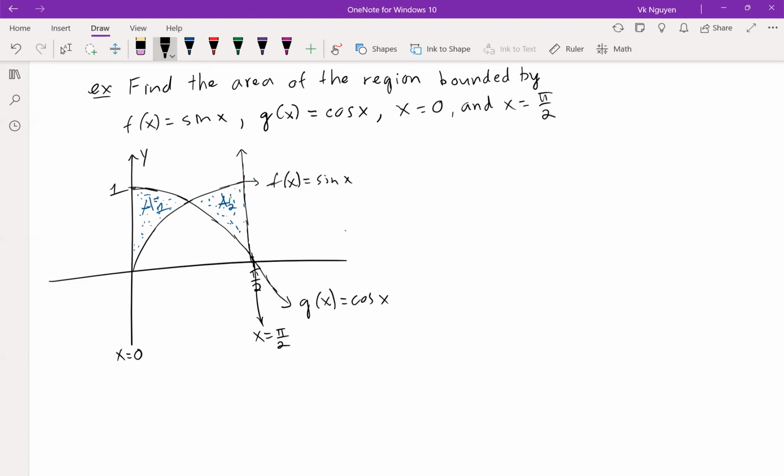Okay, so in A1, we can get a sample stripe. A1 has the area of length and width. The length is the upper function minus the lower function. So cosine x minus sine x. The width is the small change in x, dx.